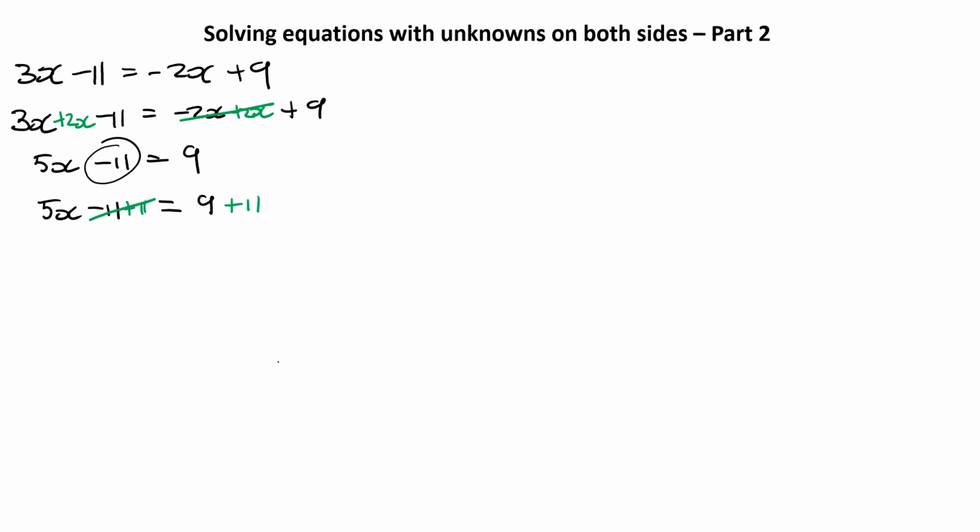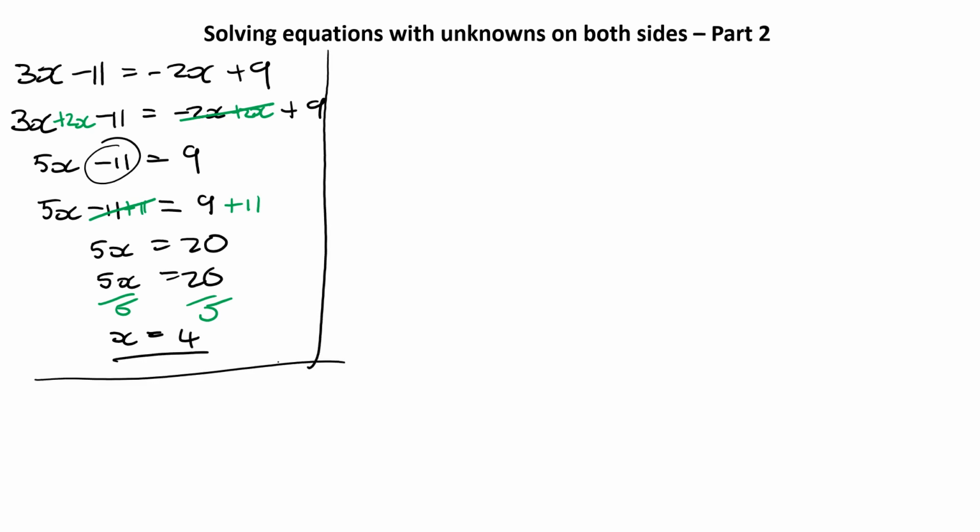That cancels out, and I'm left with 5x equals 9 plus 11, which is 20. My inverse operation is divide by 5, divide by 5. So I have x equal to 4. Okay, so that's my answer for that question.